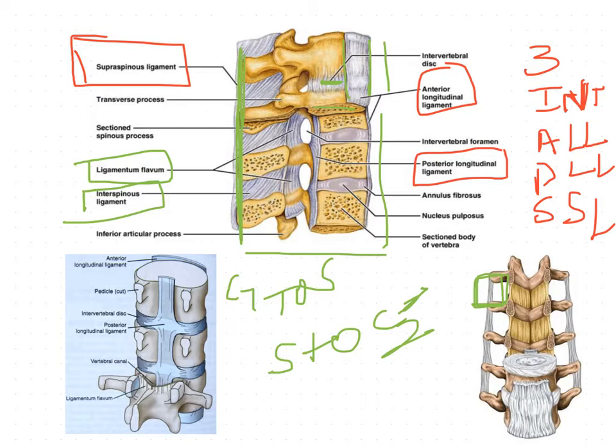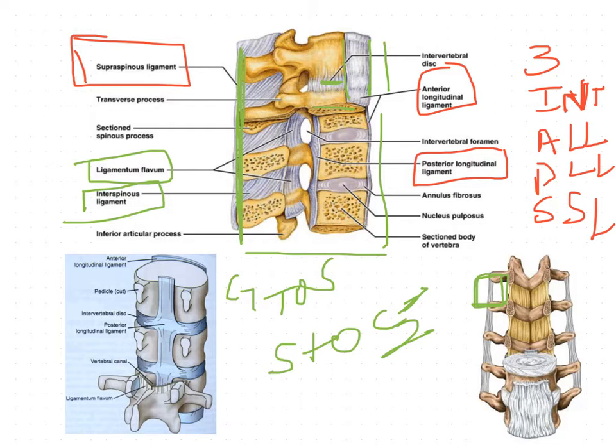In the cervical region, above C7, it continues as ligamentum nuchae. This one also we are going to discuss in the cervical spine.